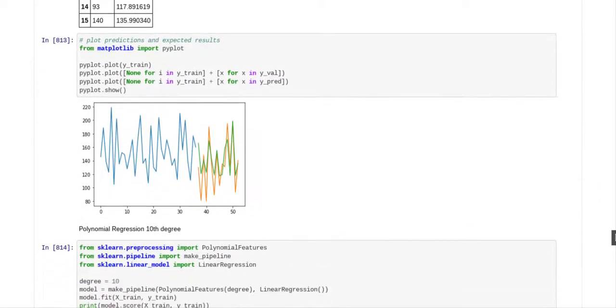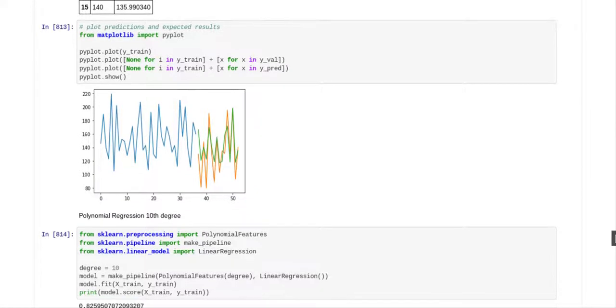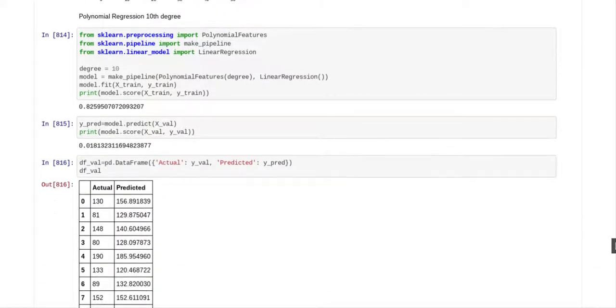So here the figure looks a little bit better. Our prediction has improved when we use polynomial features. And I did an experiment that I want to show you. I experimented on the 10th degree.